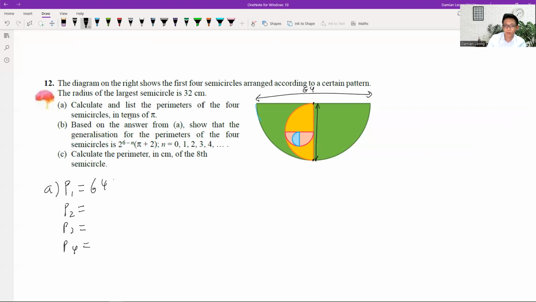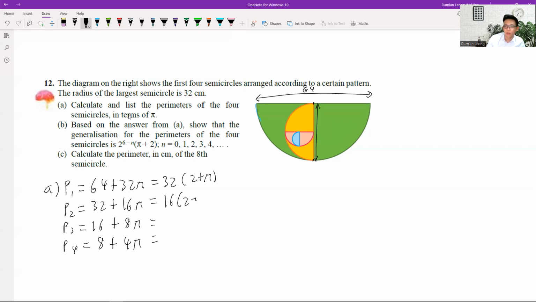So it's 64 plus 32 pi, and then 32 plus 16 pi, 16 plus 8 pi, 8 plus 4 pi. It should be like this. Like I say, the answer in the textbook is the factorized form. That means I factorize 32 bracket 2 plus pi. 5 plus 2, 2 plus pi, same thing.